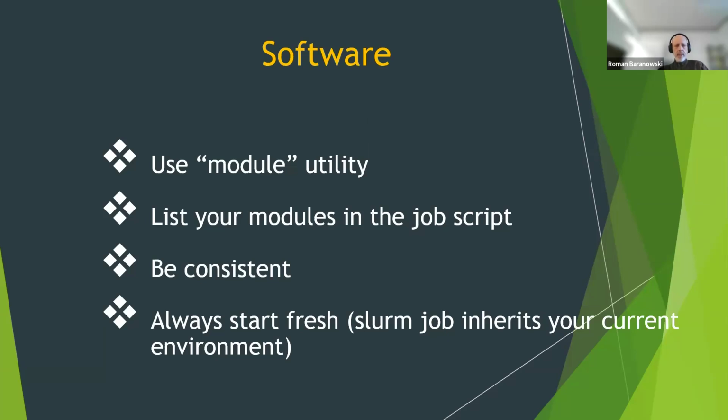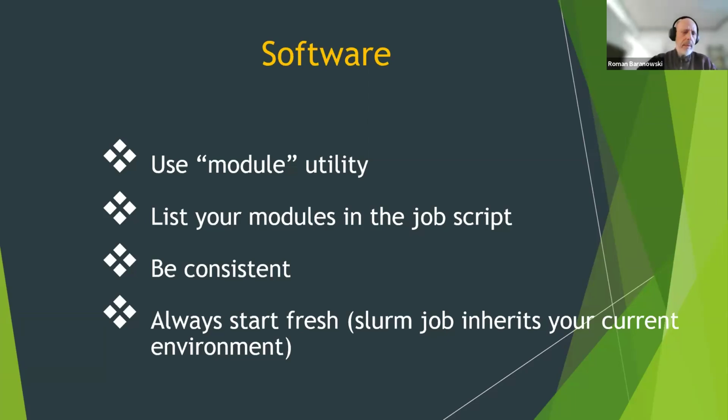So look around, modules available. Plenty of software is being installed on the system. If there is something missing, please talk to us, and we either install this or we will navigate you how to install your software either in home or the project space using just these modules. So you will load base modules, then you will download your software, and you will compile your software using the compiler of your choice.